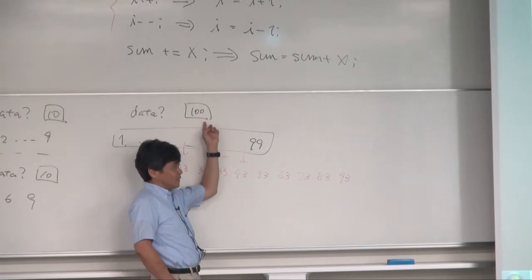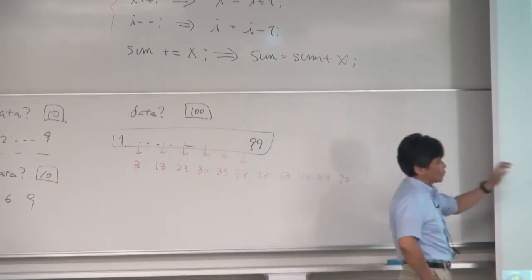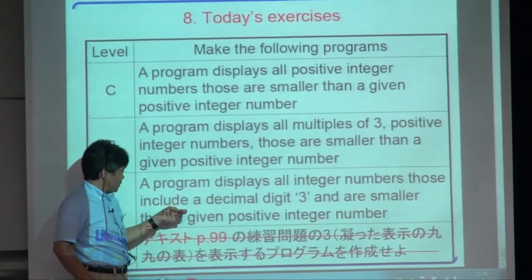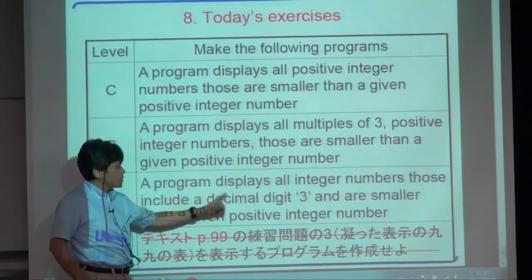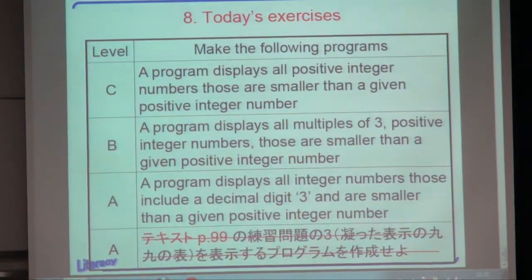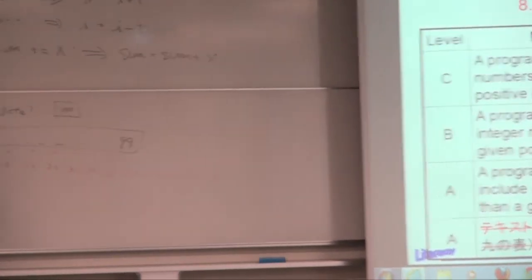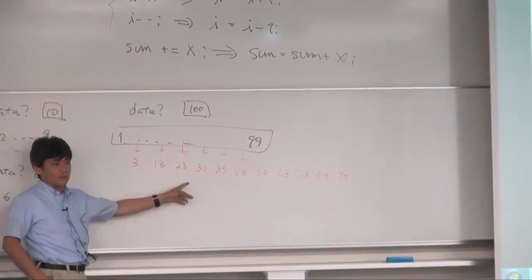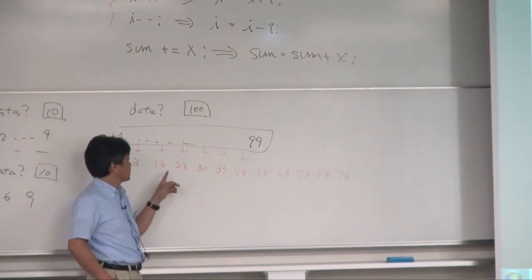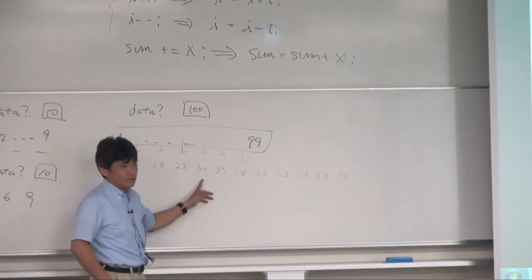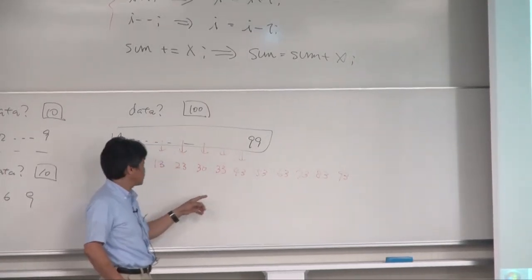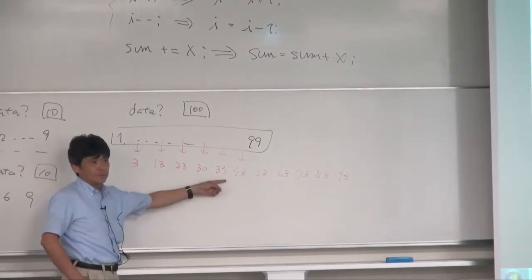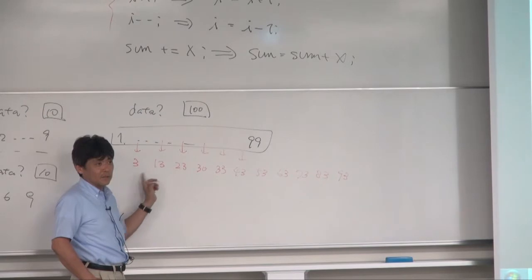Also, this program selects any numbers that include the decimal digit 3. Those numbers should be as shown here: 3, 13, 20, 30. Because the decimal digit 3 is included in these numbers. Can you understand?